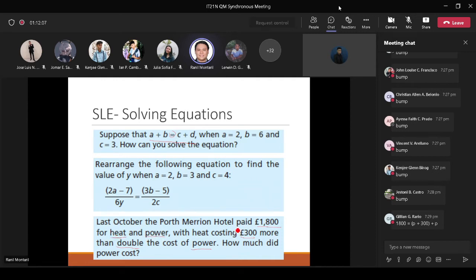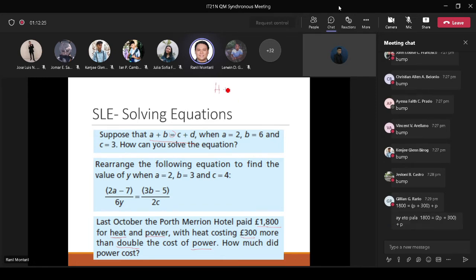So sabi dito, for the cost of the power and heat, the total amount that the hotel paid is 1,800. Therefore, you can write it into that equation: H plus P is equal to 1,800. Agree? Now, this is the first equation.